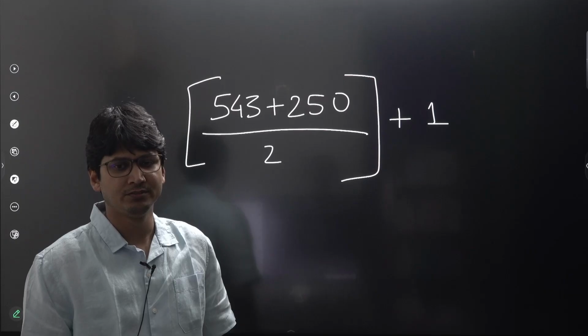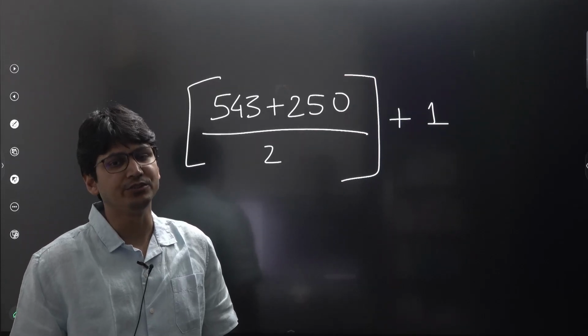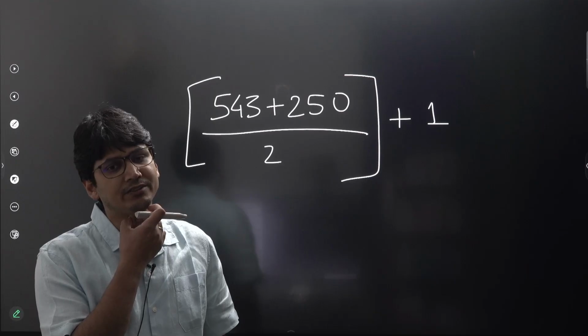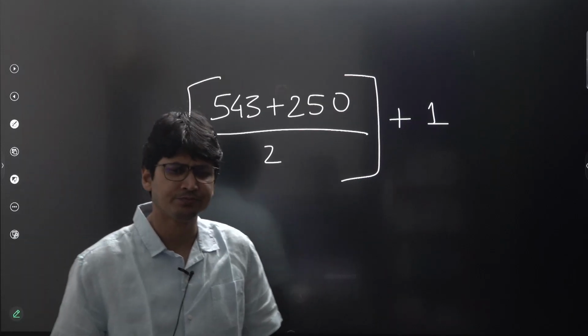Sure? 543, 250, how much? 793, 397. ठीक है, somewhere around.